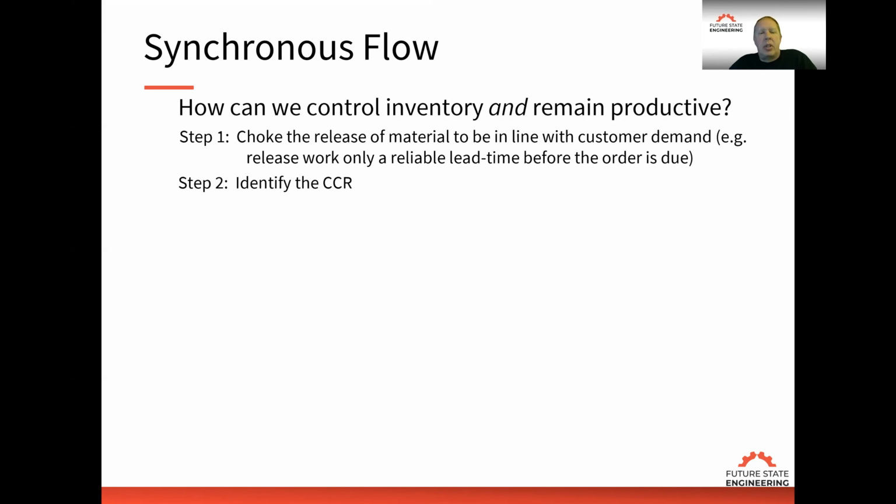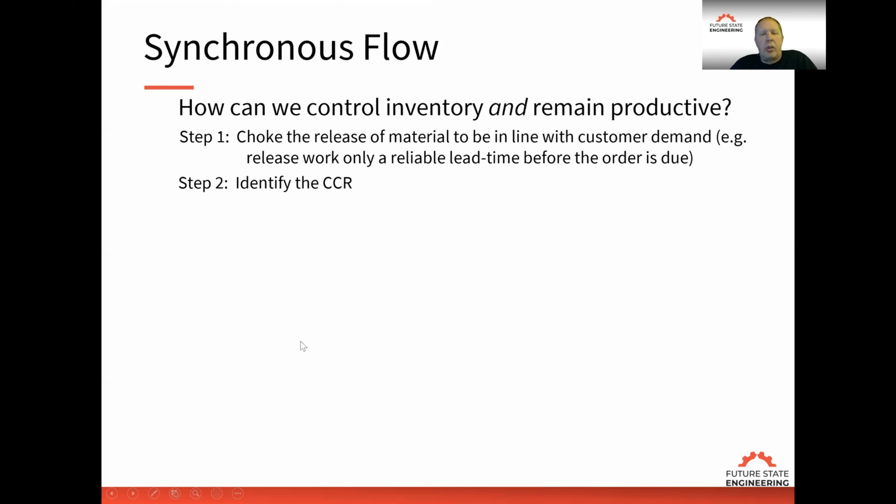Second step is to then identify the CCR. The reason that is the second step is because we don't know where the capacity constraint resource is by using data. The data is not accurate and it's not going to give us a true picture, and we can't measure the variation in the process at all processes.